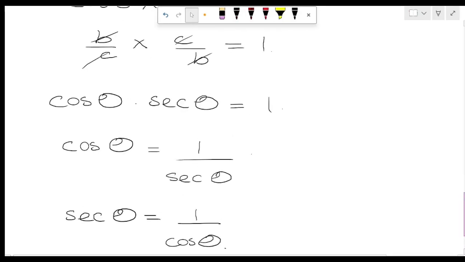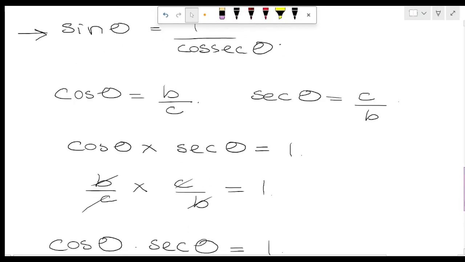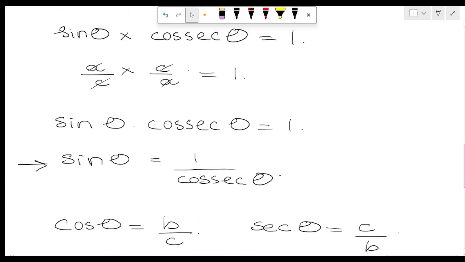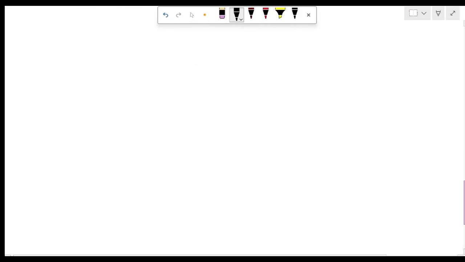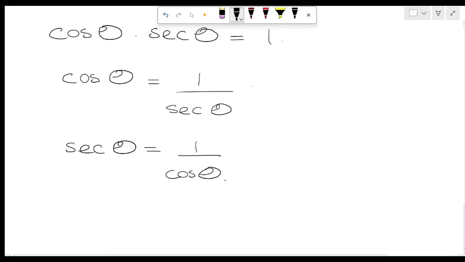We also need to check whether the reciprocal of tan theta is equal to 1. So tan theta is equal to a over b, that means perpendicular over base, and cot theta is the opposite of that, and that is base over perpendicular.